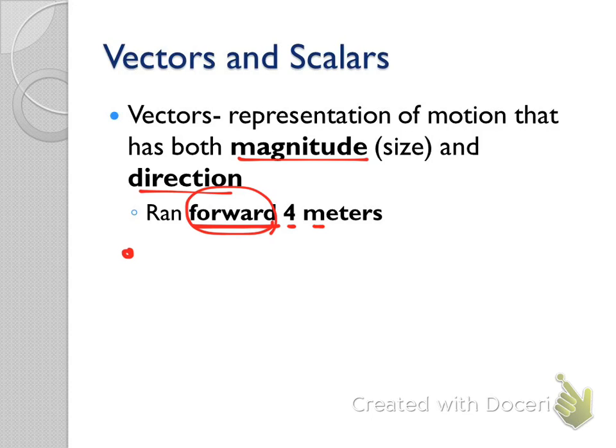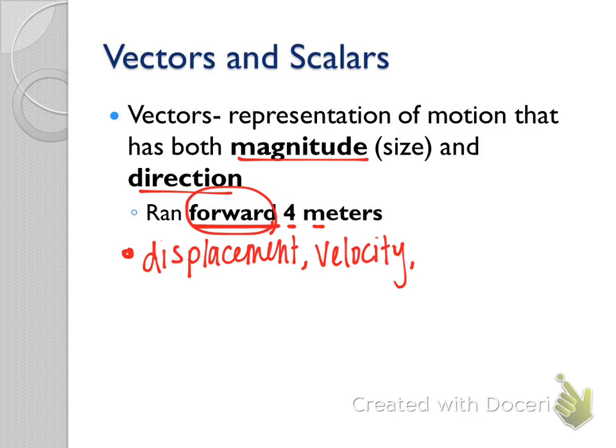Okay, so some examples of vectors that we are going to use. Displacement is a vector. That means displacement must have both magnitude and direction. Displacement is a vector. Velocity is a vector. We haven't gotten to that yet. That's okay. But you can write these down as examples of vectors. Acceleration is a vector.